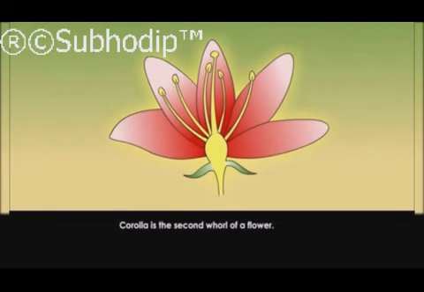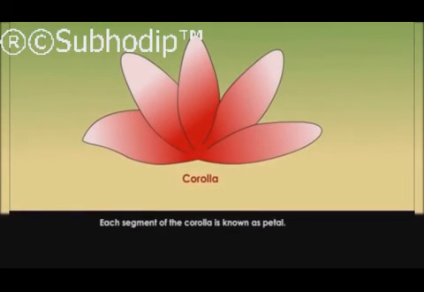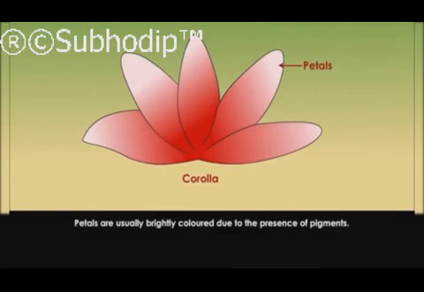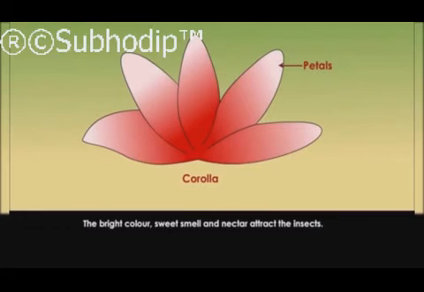Corolla is the second whorl of a flower. Each segment of the corolla is known as petal. Petals are usually brightly colored due to the presence of pigments. The bright color, sweet smell and nectar attract the insects.